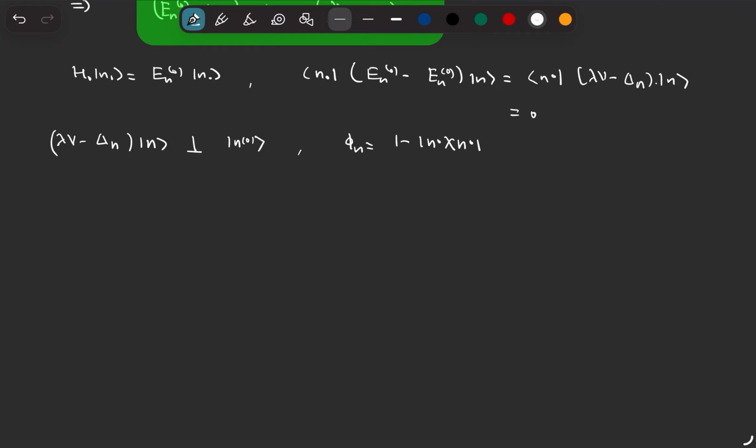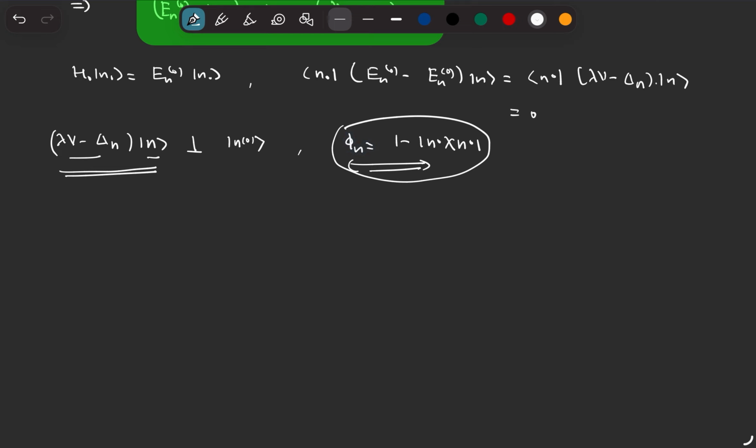In principle, every state connected by this operator acting on the eigenstate |n> lies in this set.